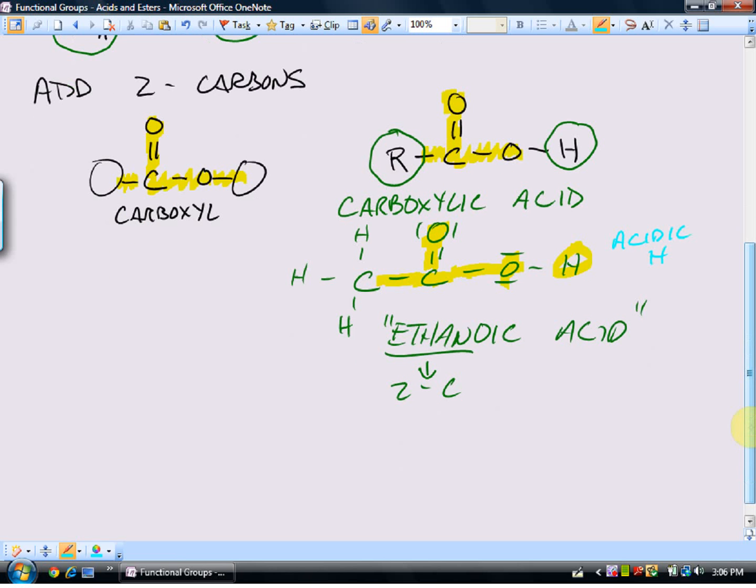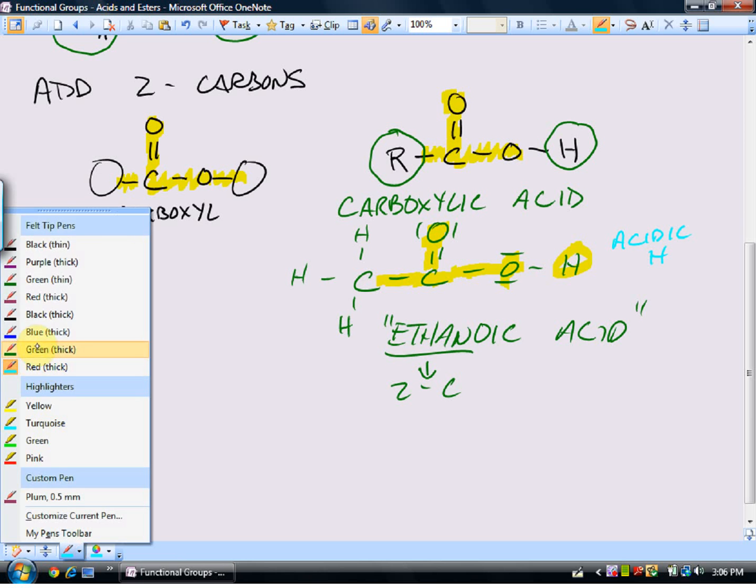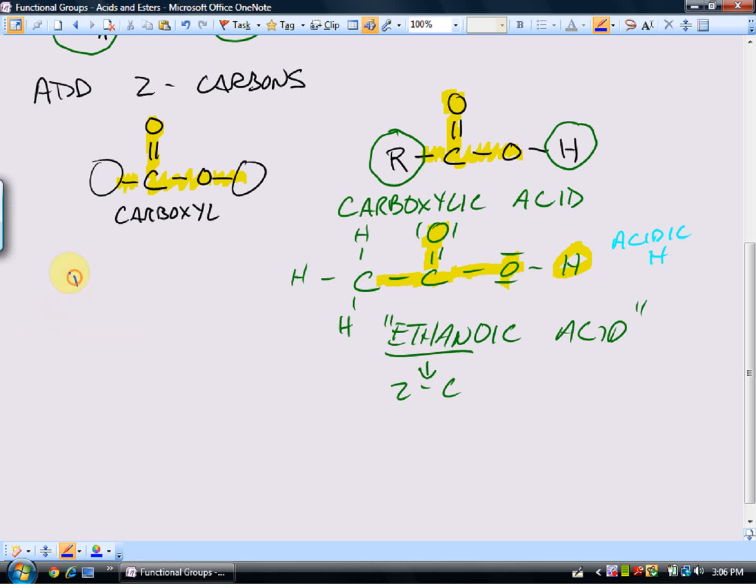So carboxylic acids, sort of like ethers, are always found on the edges of the molecule because they end in H. So again, we can think of a carboxylic acid as being a dead end group. Hope that makes a little bit of sense. Carboxylic acids tend to be fairly reactive, in part because they are a dead end group. They are found on the outside of the molecule where they are more likely to react.